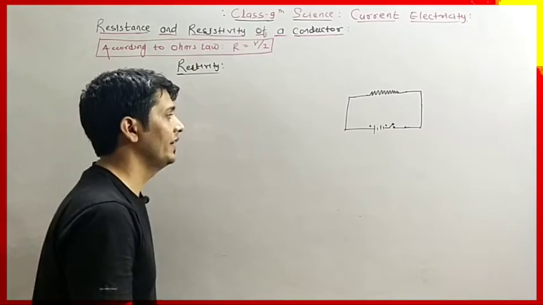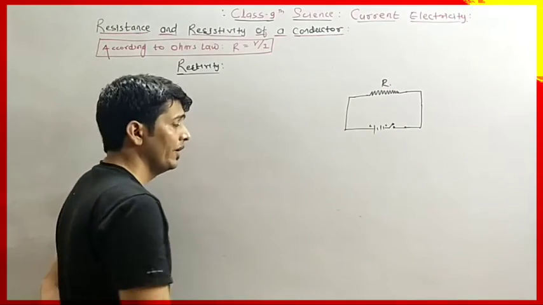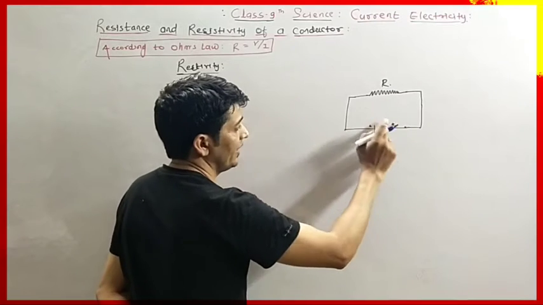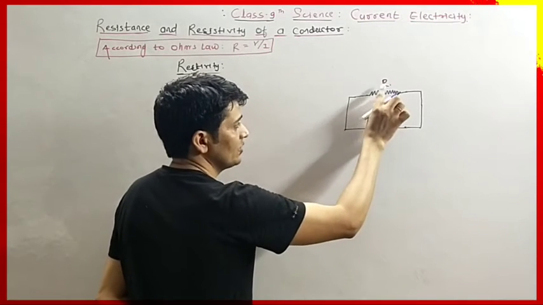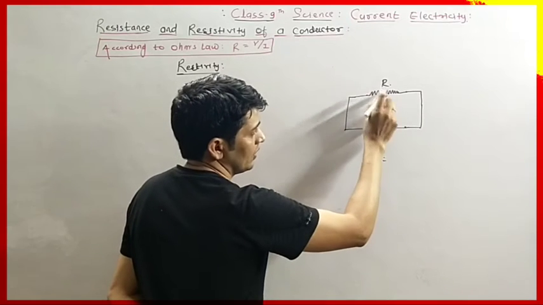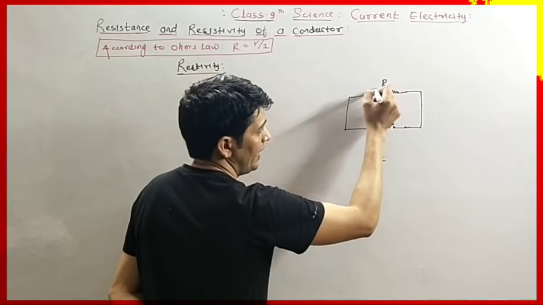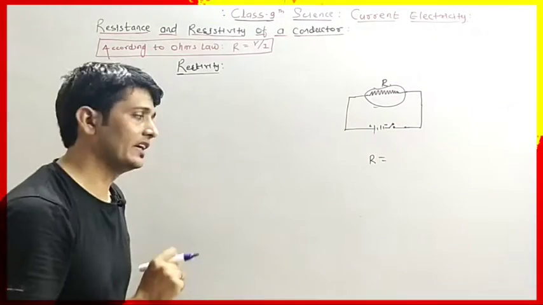Here we have applied the resistance. Now, when current is flowing through the circuit, the resistance of this circuit depends on the length of the resistance or conductor.